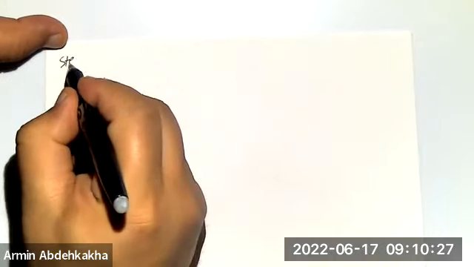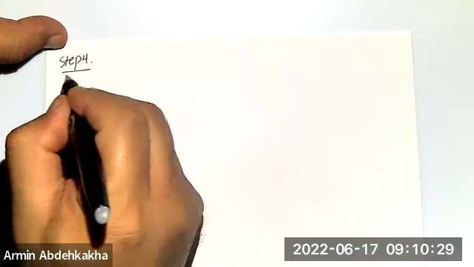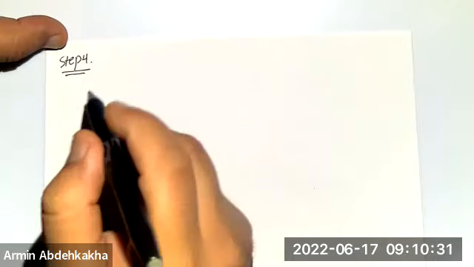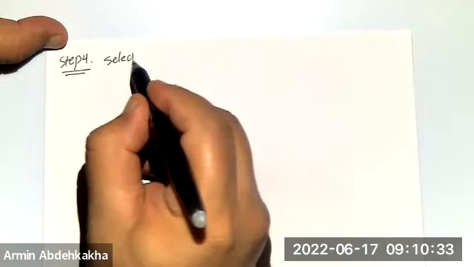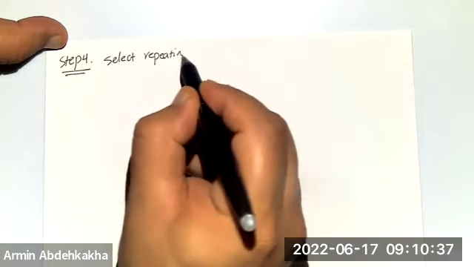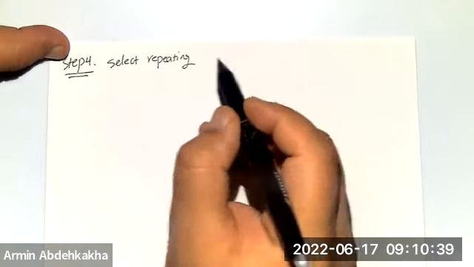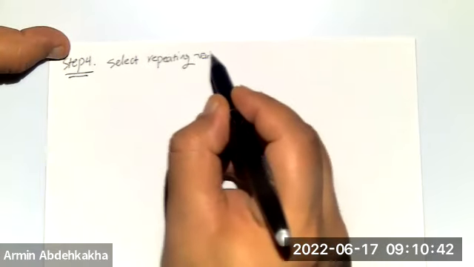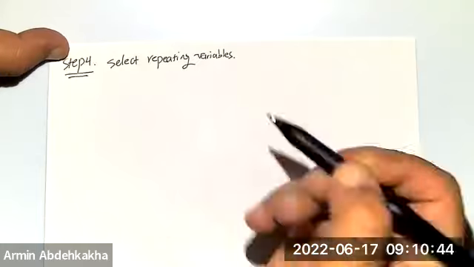The only challenging part in the pi theorem is step 4, deciding which ones you have to select as repeating variables.